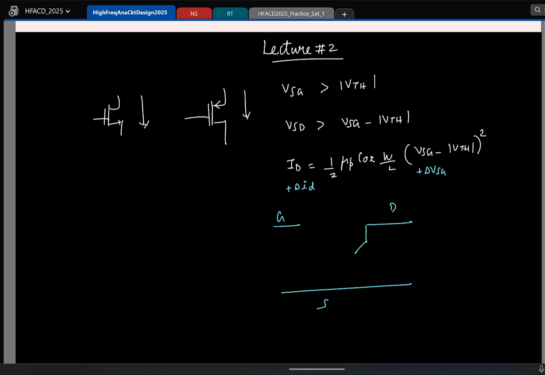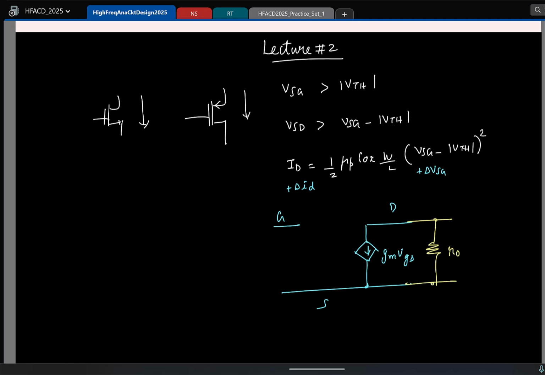So strictly speaking, the model is this, where this is GM times VSG, but I can also change the direction of the current and then call this GM times VGS. Okay. And again, the dependence on drain to source voltage is captured with a resistor R.